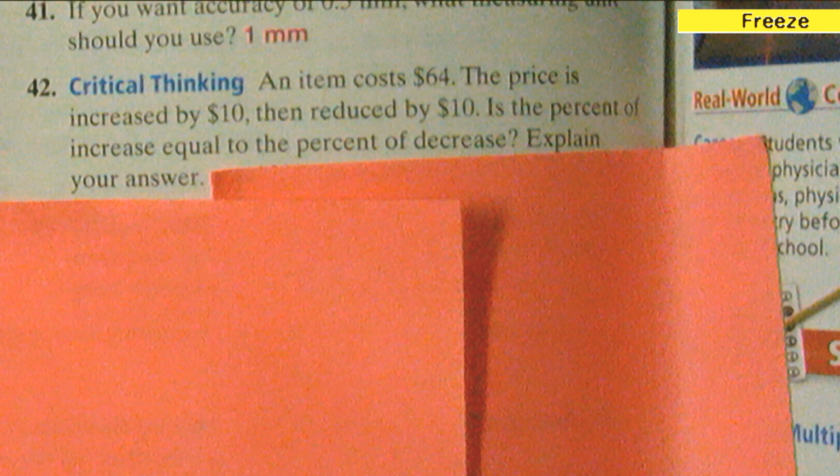Now, you actually have to do the percent of increase here, and then you actually have to do the percent of decrease. You can't answer that without doing some math and without using that formula twice.